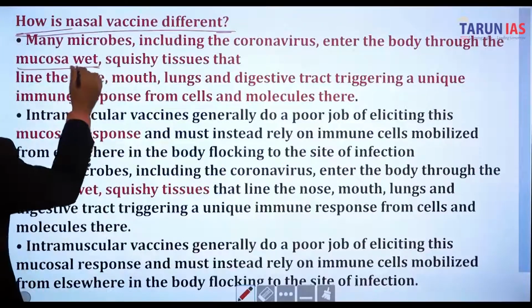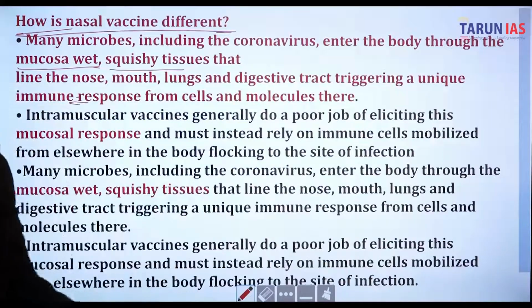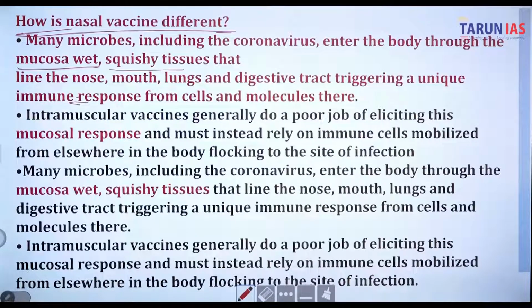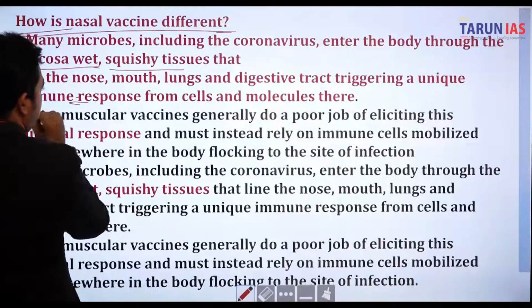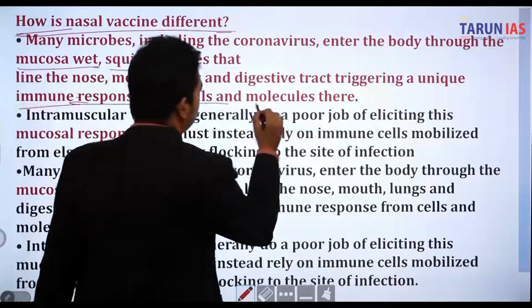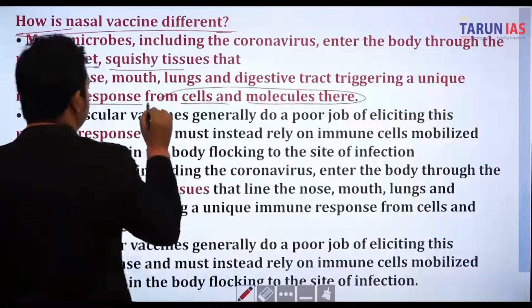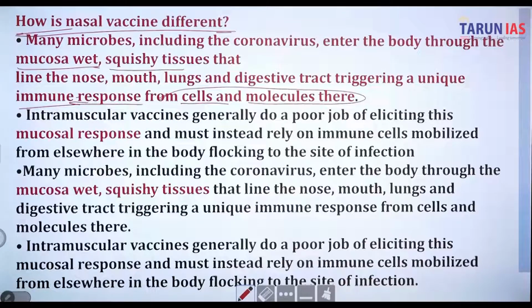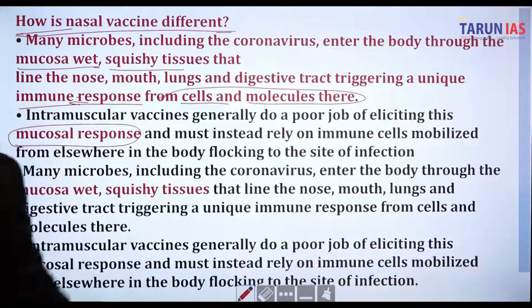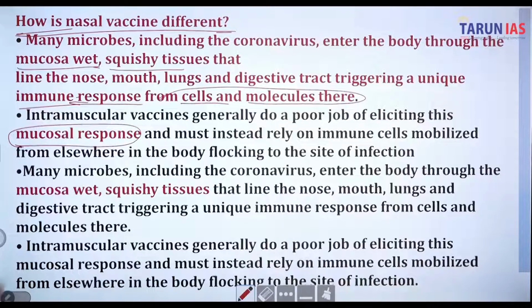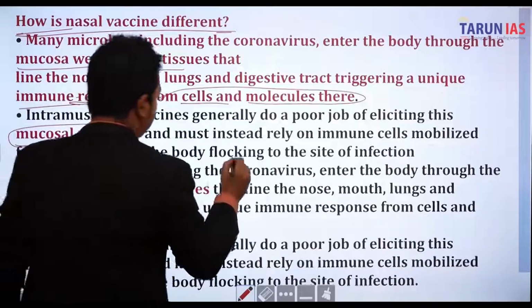Mucosa is squishy tissue that lines the nose, mouth, lungs and digestive tract, triggering a unique immune response from the cells and molecules there. Intramuscular vaccines generally do a poor job of eliciting this mucosal response, which is how your immune system responds to the virus. They must instead rely on immune cells mobilized from elsewhere in the body, flocking to the site of infection.